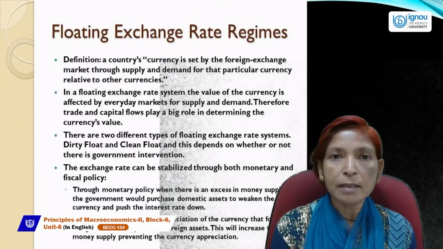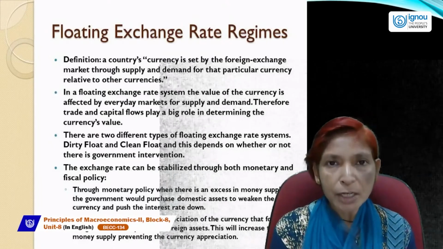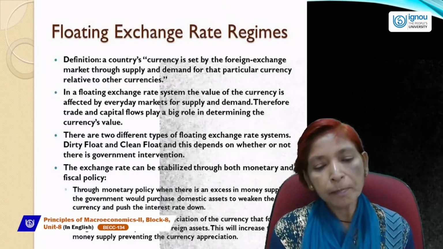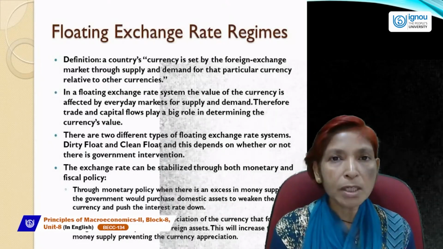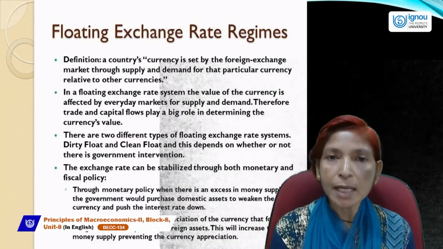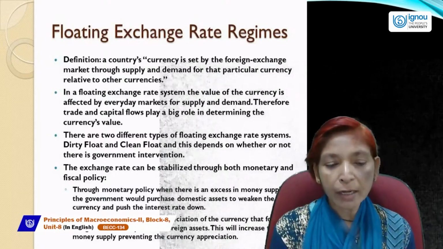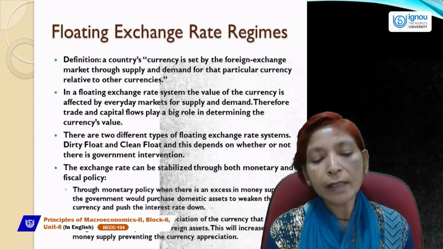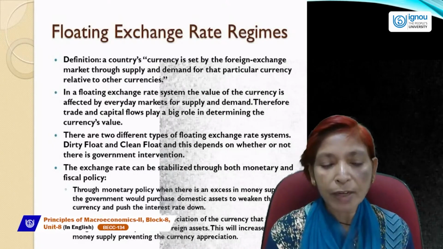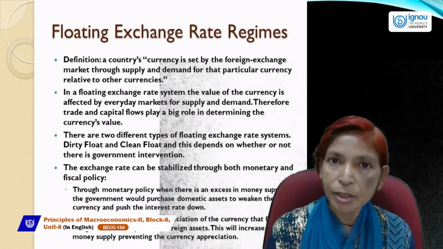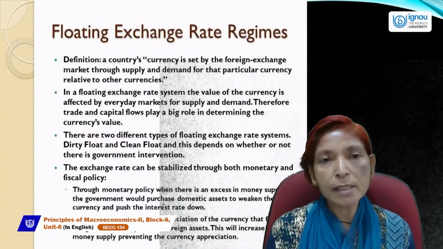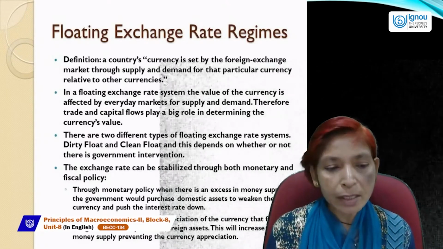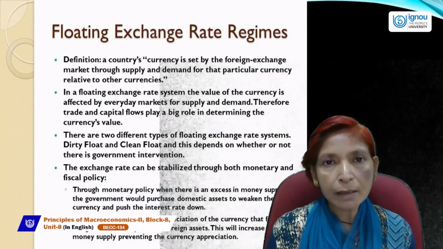Then it is called fiscal expansionary policy, and it will cause appreciation of the currency that forces the government to purchase foreign assets. And if the government purchases foreign assets, it will increase the money supply, preventing the currency appreciation. So, fiscal policy and monetary policy can stabilize the exchange rate by using their tools.